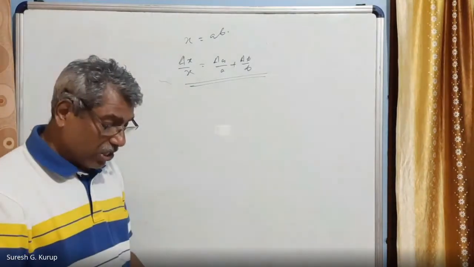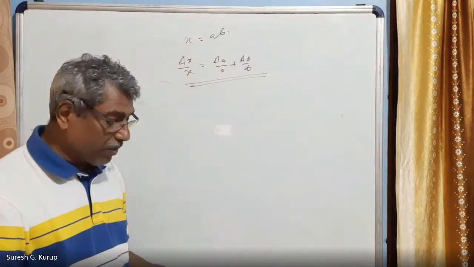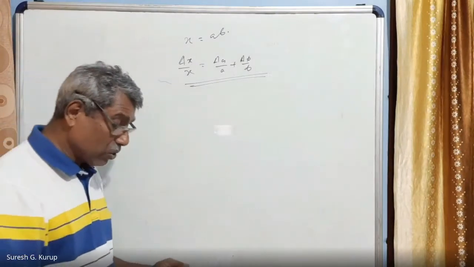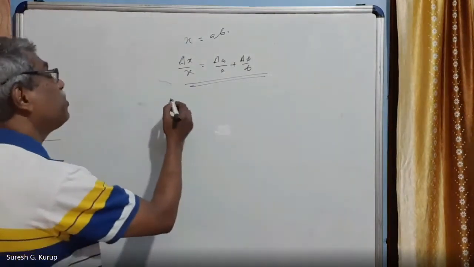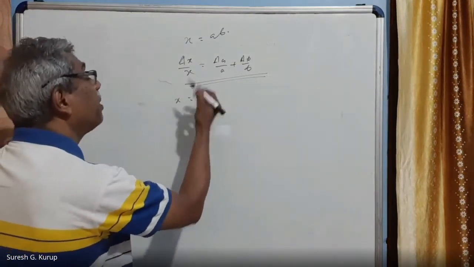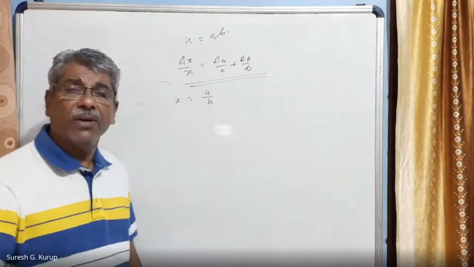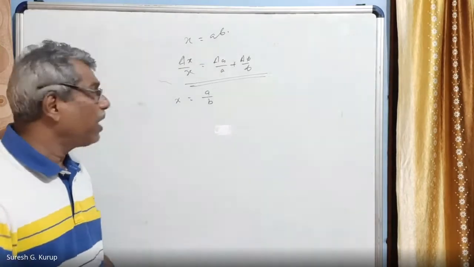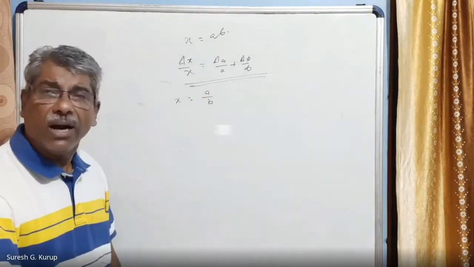The next point we are coming to is the division of two physical quantities. One quantity is divided by the other. Suppose X is equal to A by B, where A and B are the true values of physical quantities. We are dividing one quantity by the other.